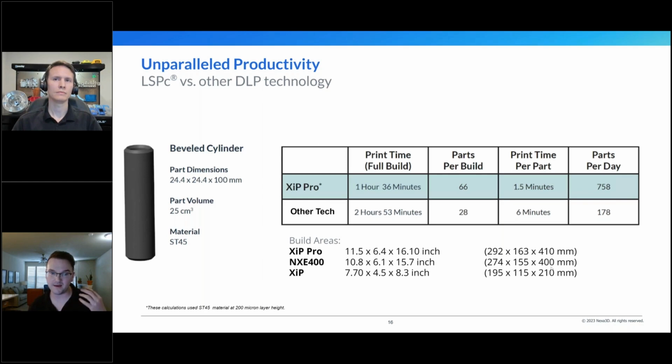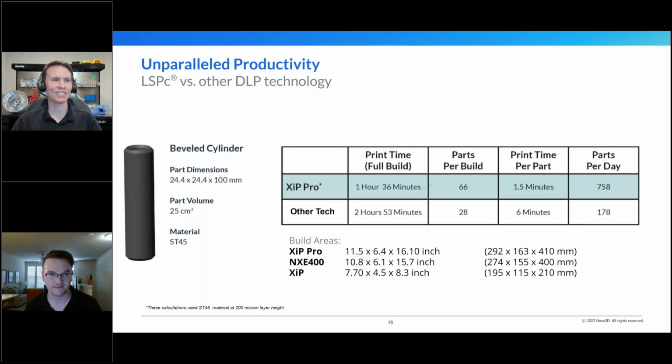And so with the printers below, we see the Zip Pro and the NXE with very similar XY build planes, as well as our Zip, which is our desktop printer, where we distill that same industrial technology down to a desktop format as well. So all of them have very sizable build volumes in terms of throughput. Yeah, absolutely. And a little fun fact, because I've used the programming software for the Nexa, essentially the time it takes to print 1 versus 66 is identical.